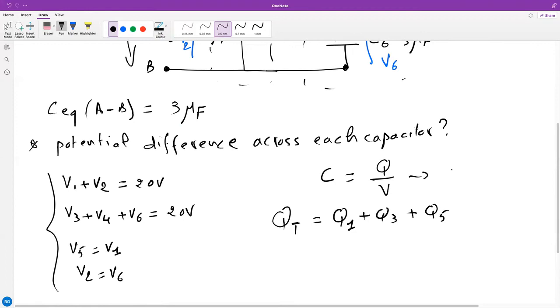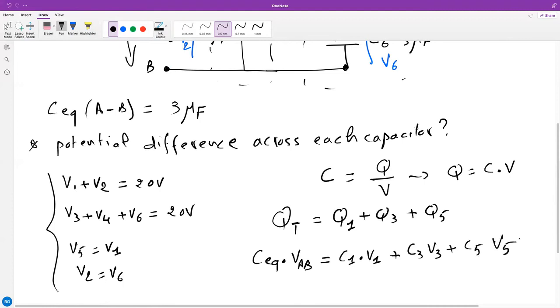I know from this equation that charge is equal to C times V, the capacitance times the voltage. So QT is the equivalent capacitance times the potential difference across AB, which is 20 volt, and it is equal to Q1, which is C1 times V1, plus Q3, which is C3 times V3, plus C5 V5, right?